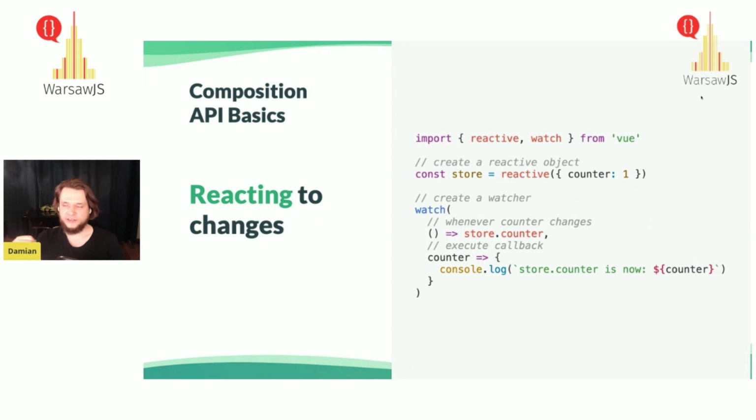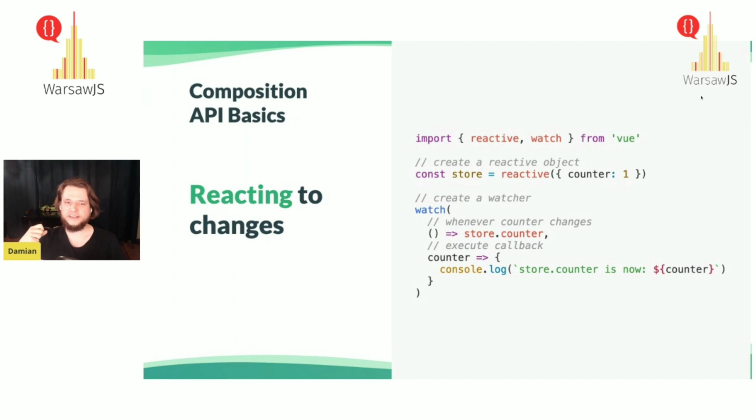Then, reacting to changes. The next method is watch. Watch works very similar to how it works within the default options API in Vue. The function accepts 3 arguments, but here we are just going to look at two of them.